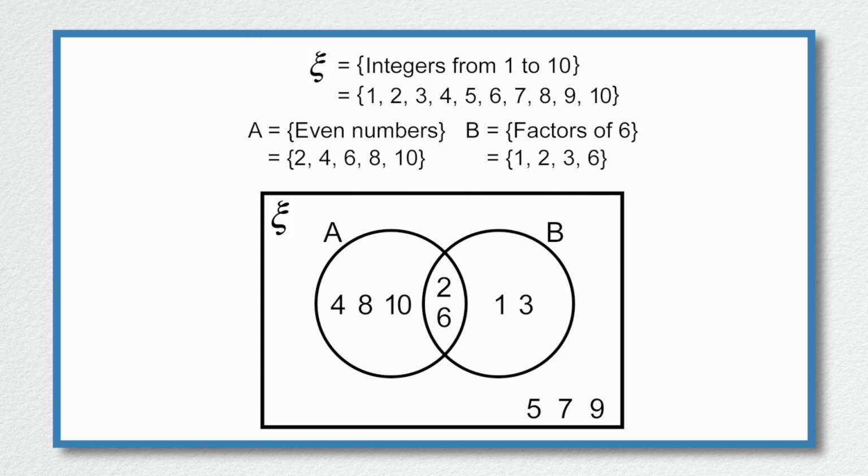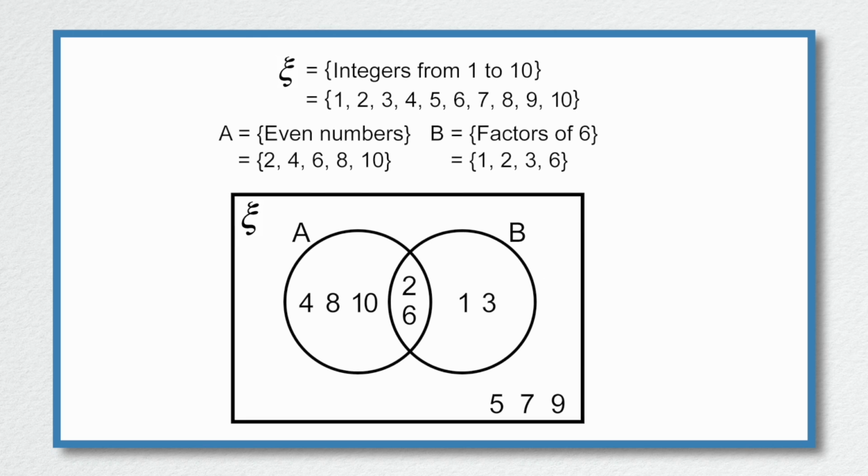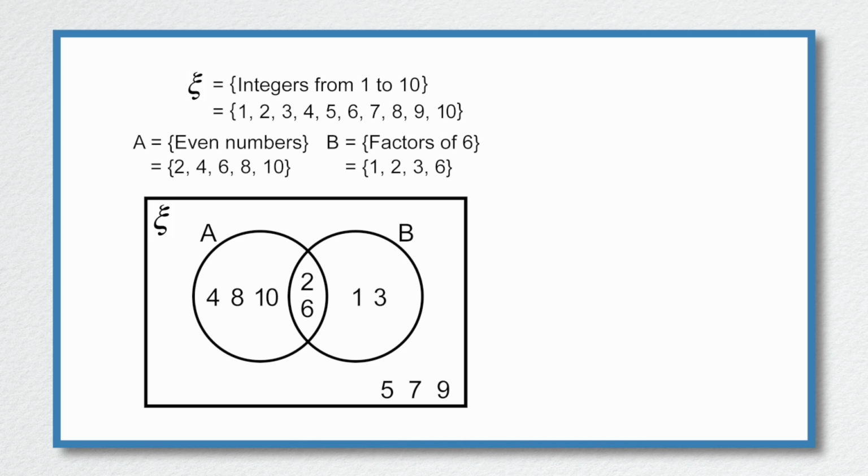Let's use this example to look at some notation you might come across when working with Venn diagrams. Here we have A, and with what looks like a U, and B. This is the union of sets A and B. That is, it contains all the elements of A and B. So this is 1, 2, 3, 4, 6, 8 and 10.